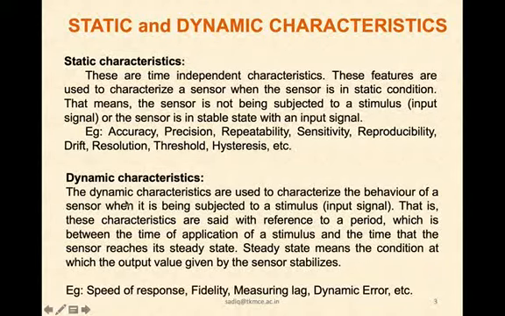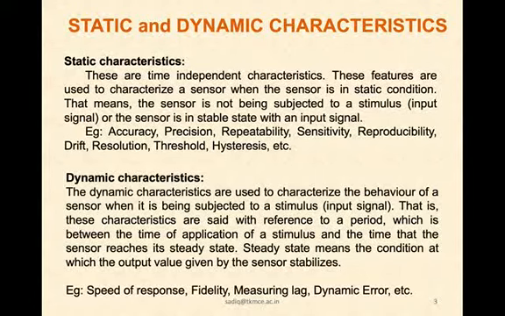Dynamic characteristics are the characteristics used to characterize the behavior of a sensor when it is being subjected to a stimulus or an input signal. These characteristics are set with reference to a period, between the time of application of the stimulus and the time that the sensor reaches its steady state. Steady state means the condition at which the output value given by the sensor stabilizes.